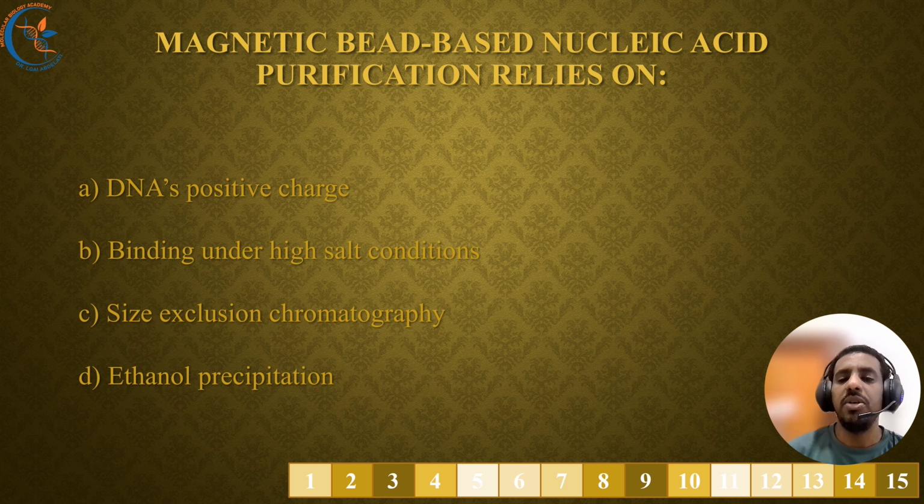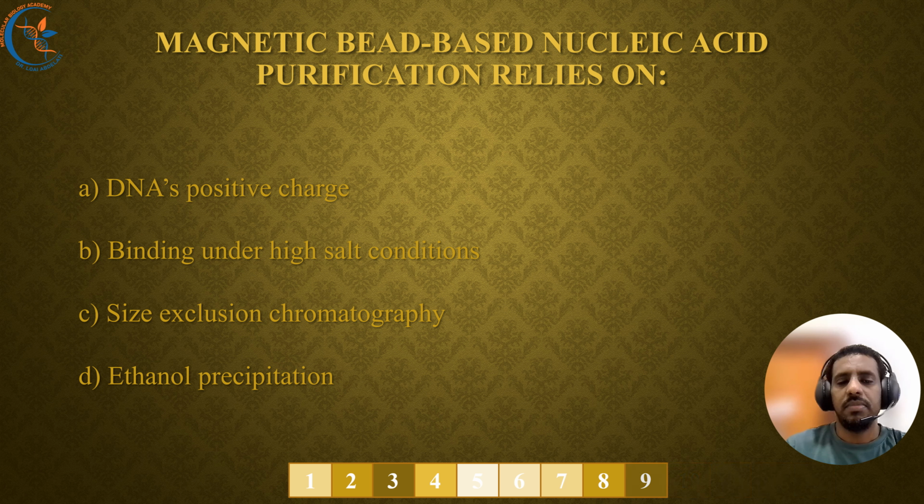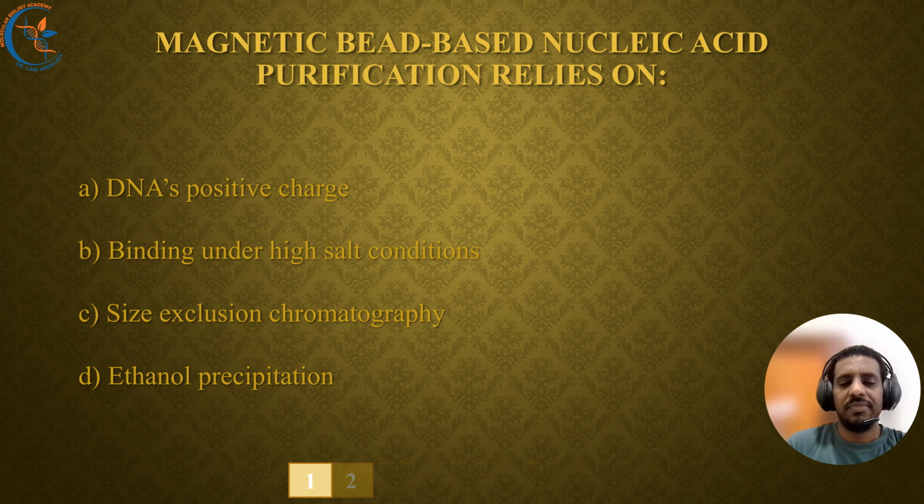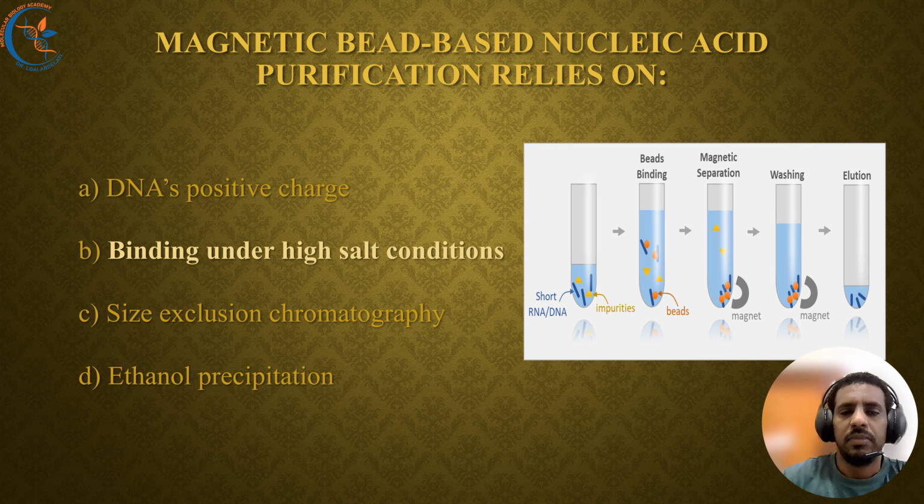All right, next question. Magnetic bead-based nucleic acid purification relies on... The correct answer is binding under high salt conditions. All right. In the presence of high salt, nucleic acids bind strongly to the surface of magnetic beads, while unwanted cellular components such as proteins and lipids are left behind.